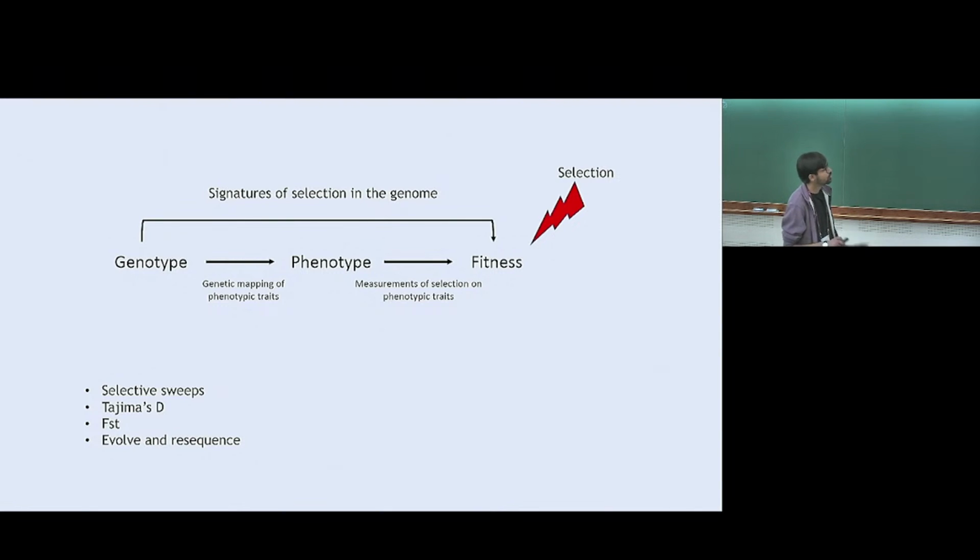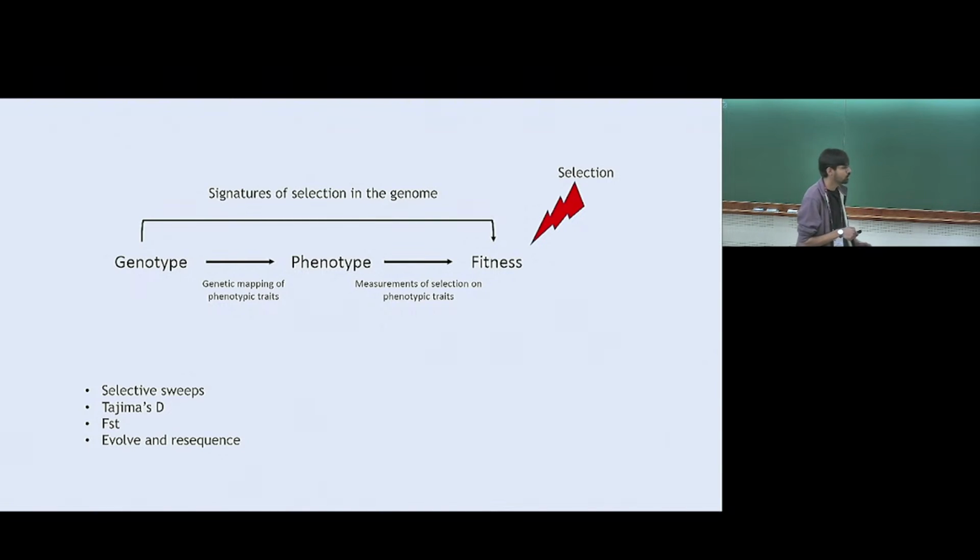The best signature of selection is selective sweeps, which has been introduced to you by both Kavita and Krishnamekh. I will talk about 3 distinct features of a selective sweep that you can identify in the genome. One of those features is measured using Tajima's D, and this is what we'll do in today's tutorial. And if time permits, I will also talk about FST, which is a special case.